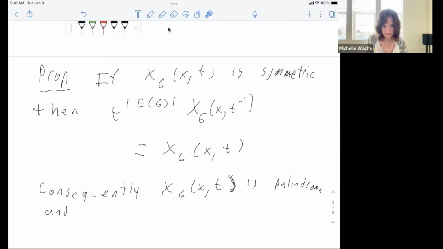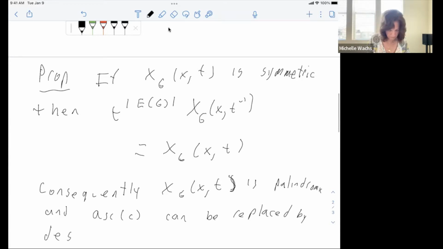So this is saying that they give the same symmetric function. So it's because of that proposition.